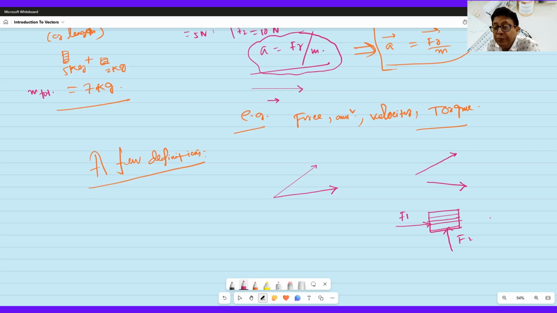If one vector is slid parallel to itself, and the other vector is slid parallel to itself, in this manner, then they meet at a point. But even if they are not meeting, we can try to meet them, because a vector can be slid parallel to itself. This is a very important property of vector.